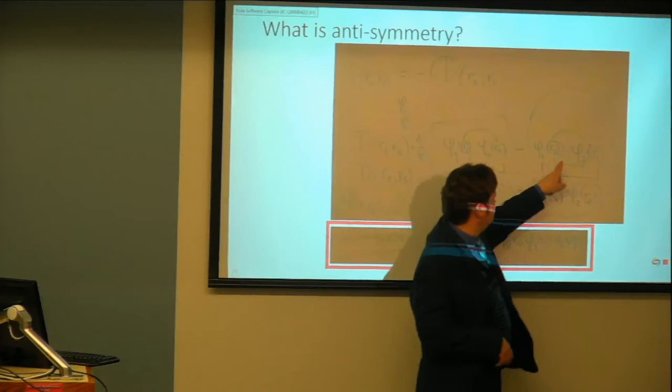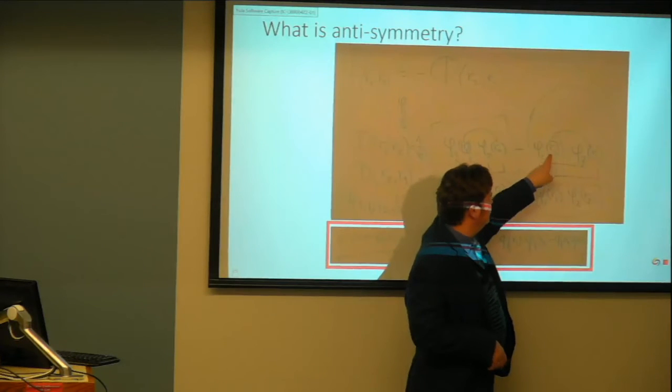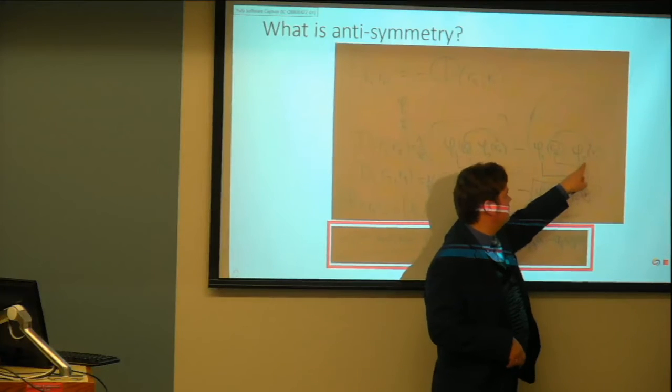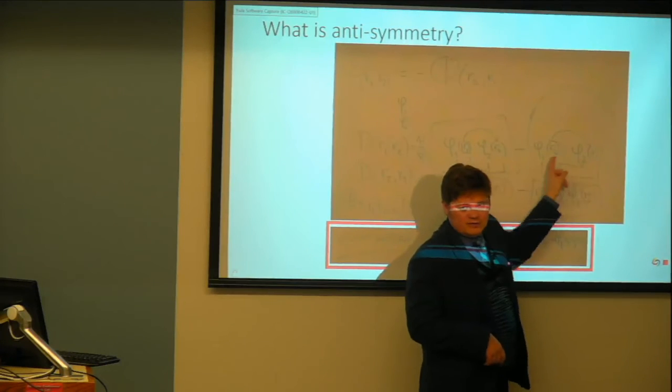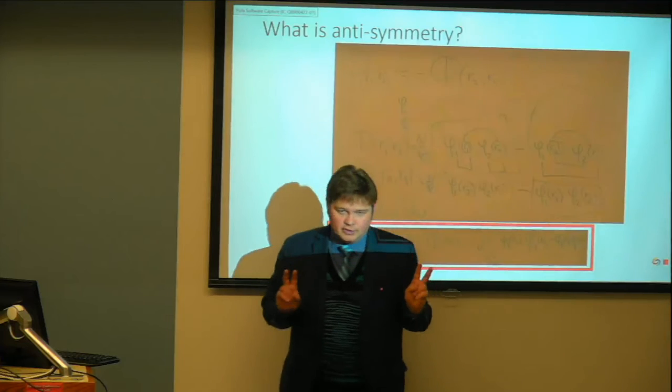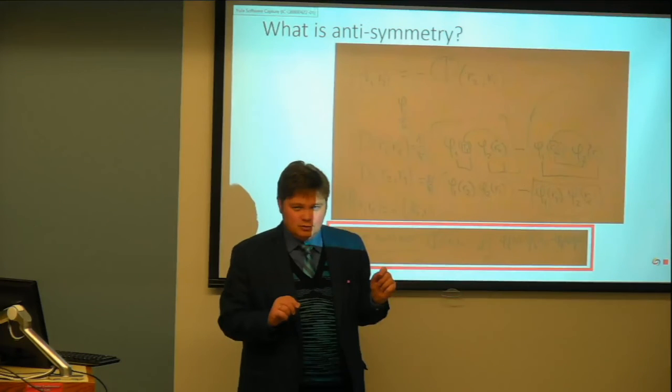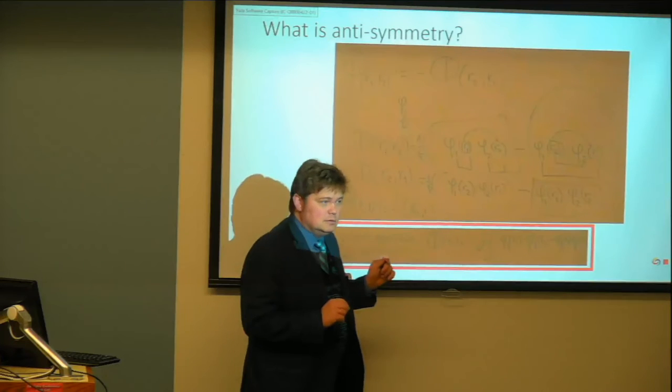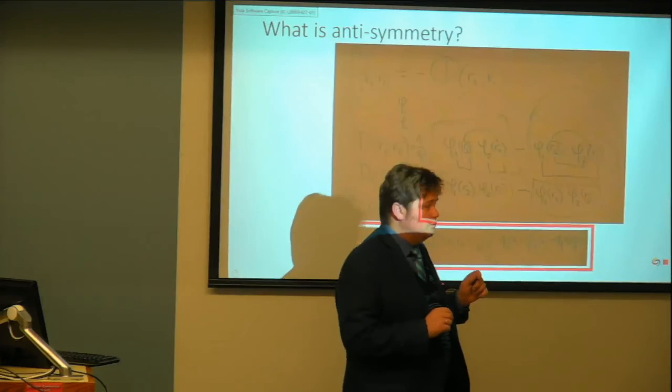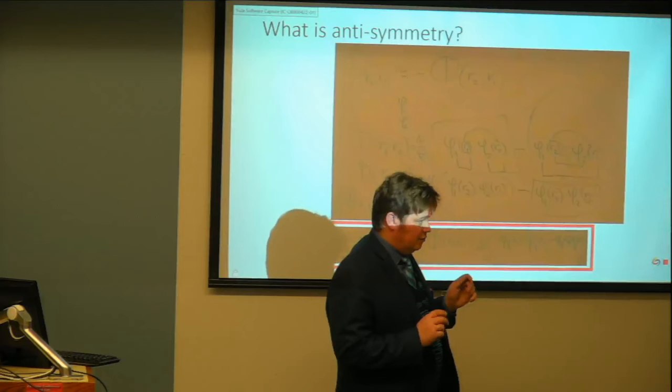In the second term, electron number 2 sits in orbital number 1, and electron number 1 sits in orbital number 2. So both of these terms are products of one electron wave functions. But, huh? Is it part of this? Oh, yes, for the multi-electron wave function.